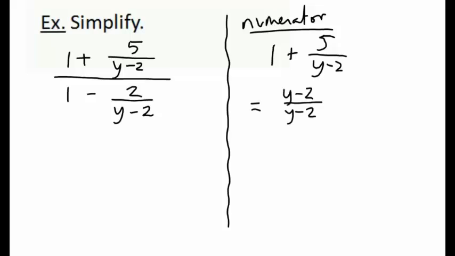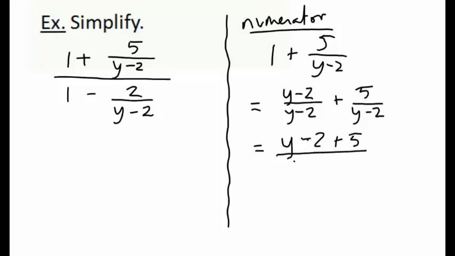So what we do is we change our 1 to y minus 2 divided by y minus 2, and we're going to add to it 5 over y minus 2. So combining, we get y minus 2 plus 5 over y minus 2, or y plus 3 over y minus 2.